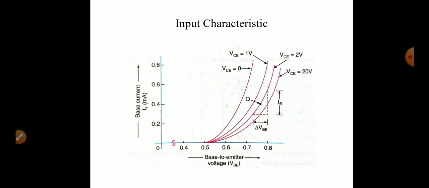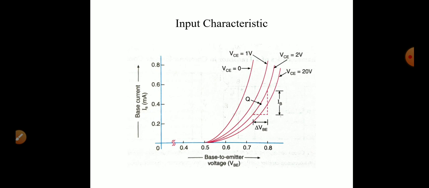All these measurements are taken for a constant collector emitter voltage. First, we fix the collector emitter voltage to 0 volt and then change the input voltage and take the corresponding input current reading.